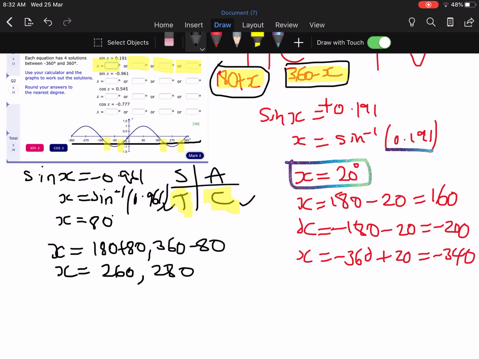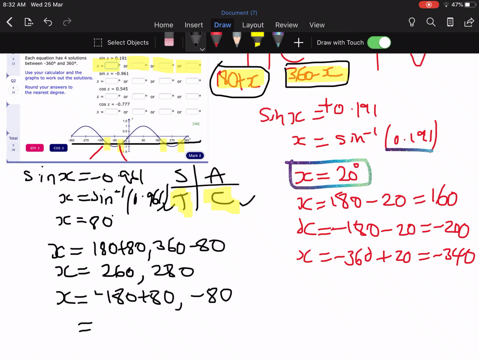So that makes sense. Now, to find the negative ones, if I look on the black line here, to find these negative ones, I need to just use a bit of common sense again. Well, it's before negative 180, so that means I need to do negative 180 plus 80, and the other one is to the left of 0, so that means it's just going to be negative 80.